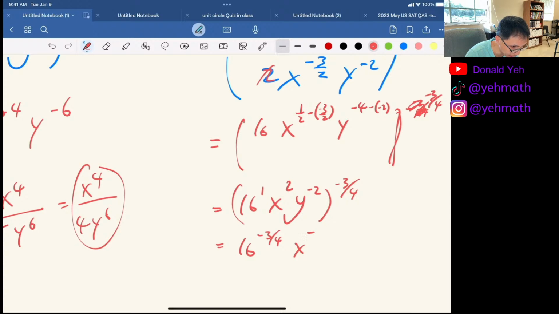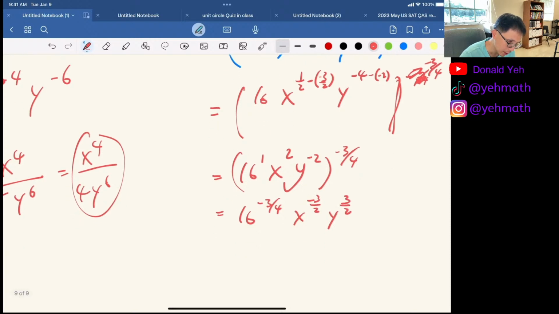Negative 3 over 2, right? And the y to the 3 over 2? Yeah. Okay, so then y to the 3 over 2, x to the 3 over 2 on the bottom, 16 to the 3 over 4.